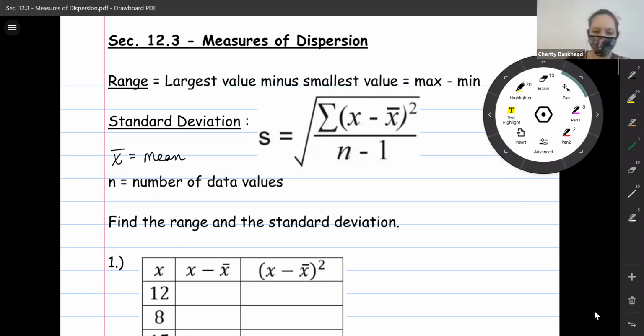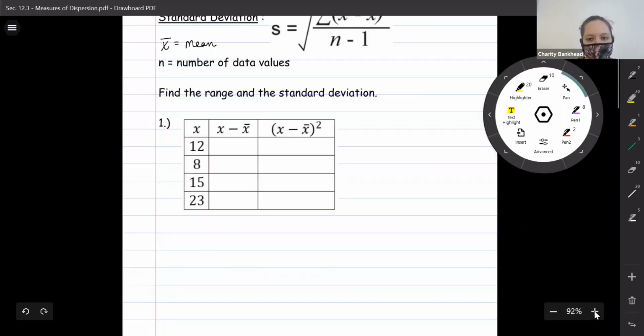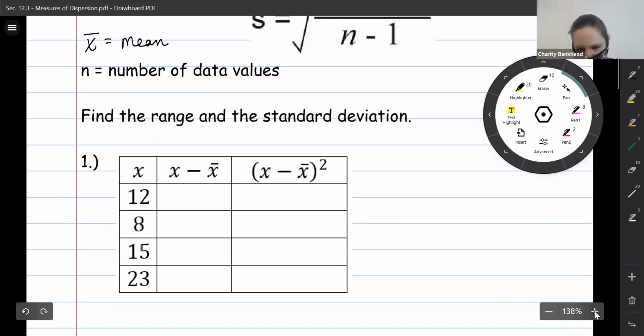Then for the standard deviation, this is measuring dispersion, or how spread out your data points are from each other. All right, so this is the formula for calculating that, and we're going to use a table to actually calculate it.